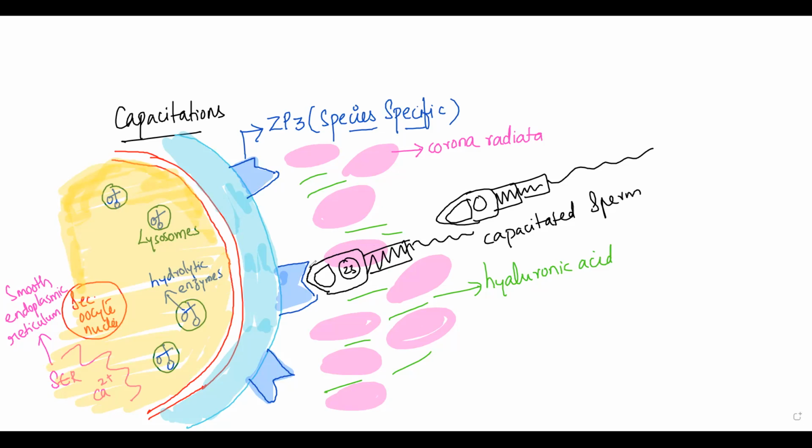Okay, so here it is binding with this. Okay, this is the first procedure. So what are you able to see? The first thing is the capacitated sperm binds with ZP3 receptors.